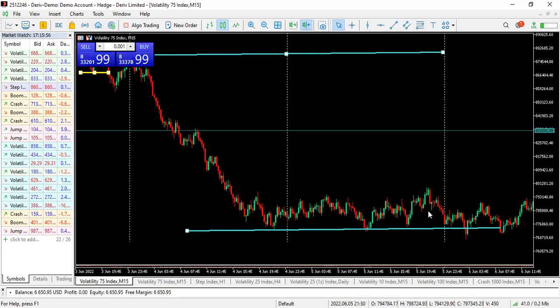Like I told you, this strategy is best used on a trending market, not on a consolidation market. This market is on consolidation here. So this is a day for us not trading, just watching the market. And if you are the type that trades several pairs, you would have gotten your trade on another pair.